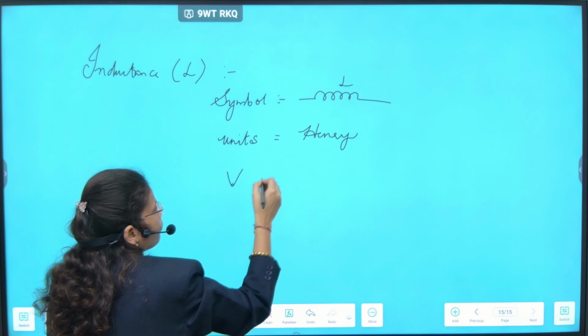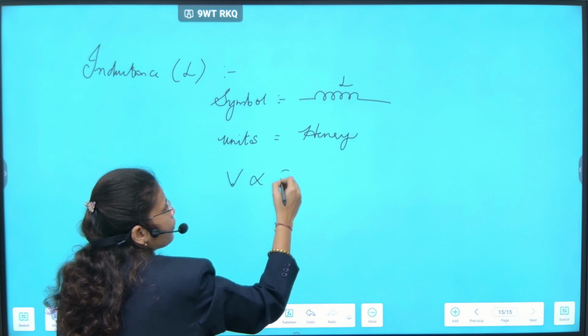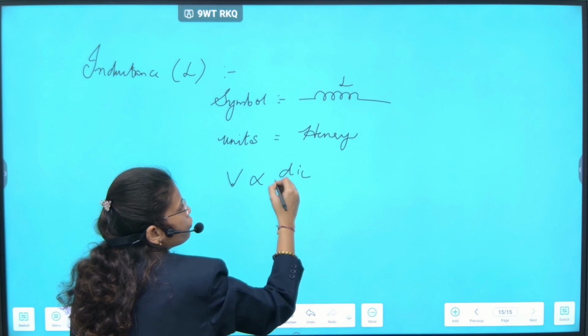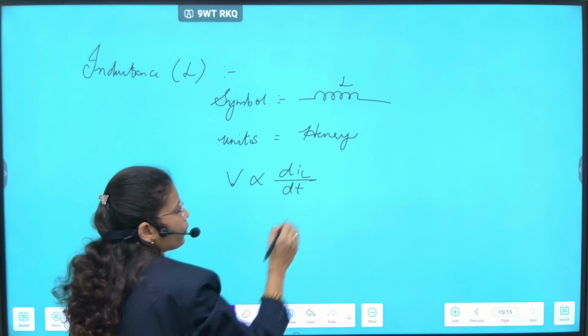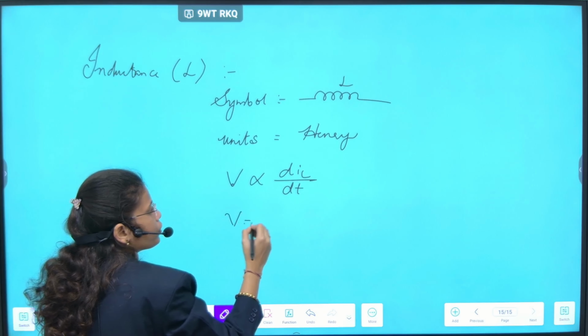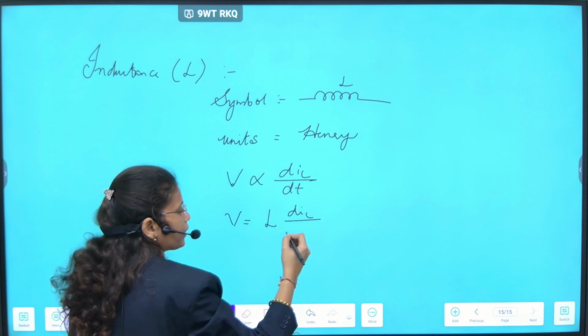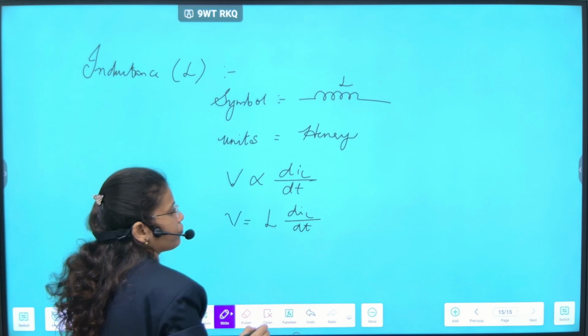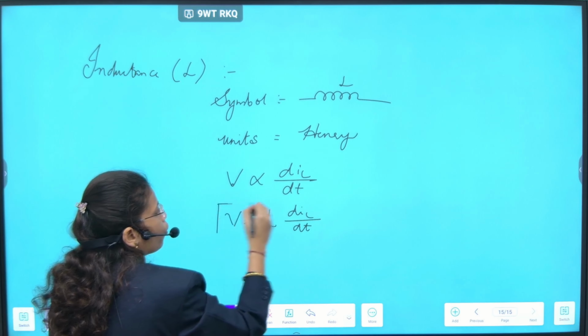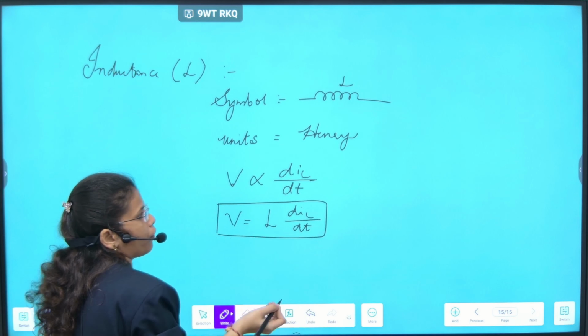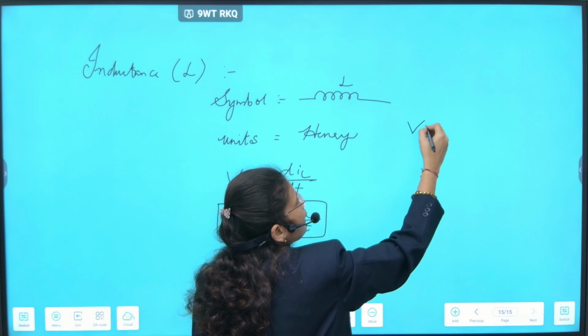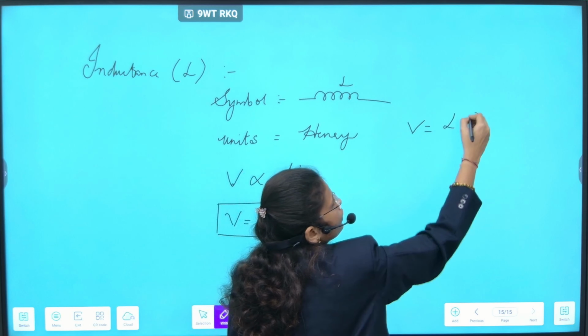The voltage formula for an inductor is V directly proportional to the rate of change of current flowing through it. Then V is equal to L dIL by dt, where IL is the current through the inductor. Okay, this is the voltage formula. From the voltage formula, we have to write the current formula.